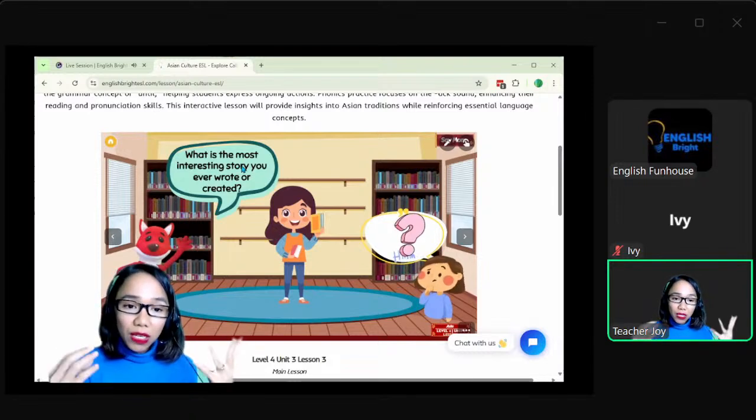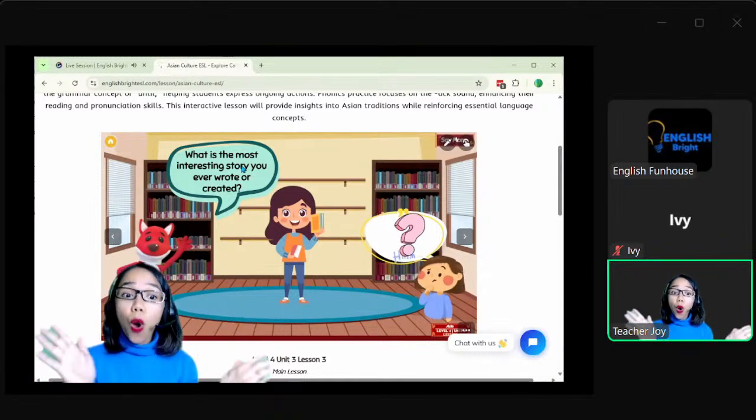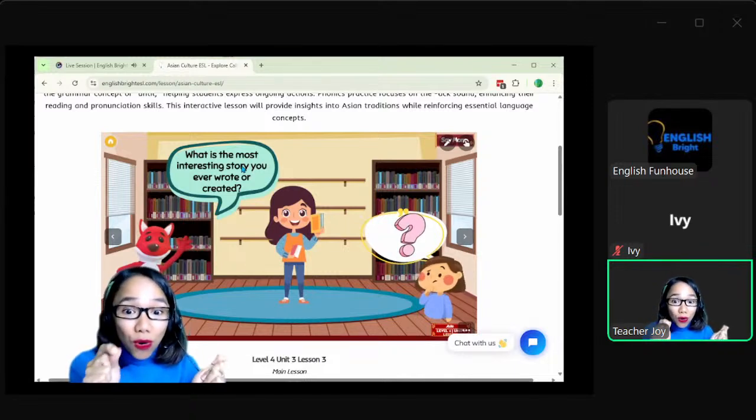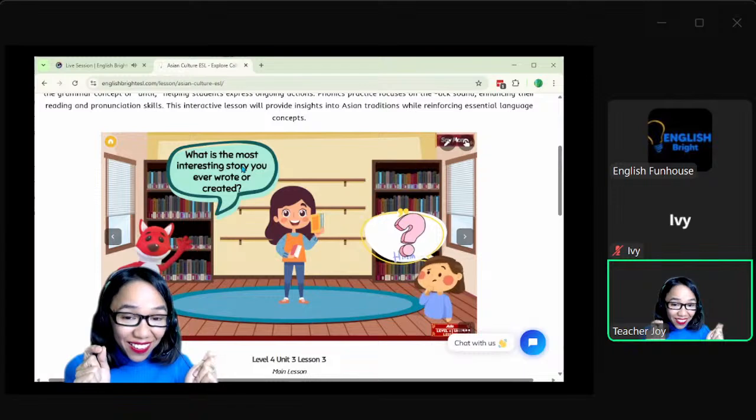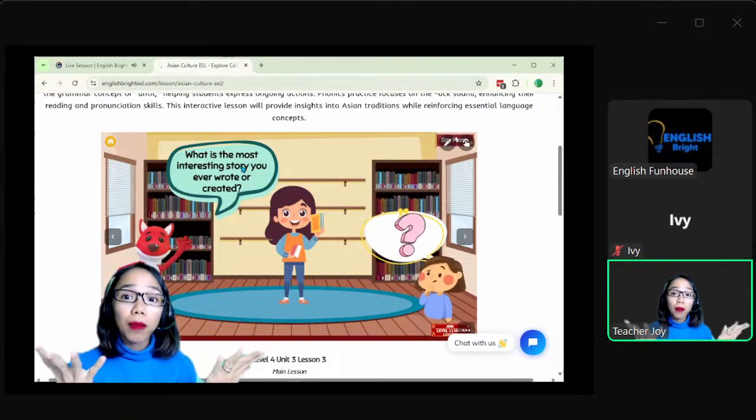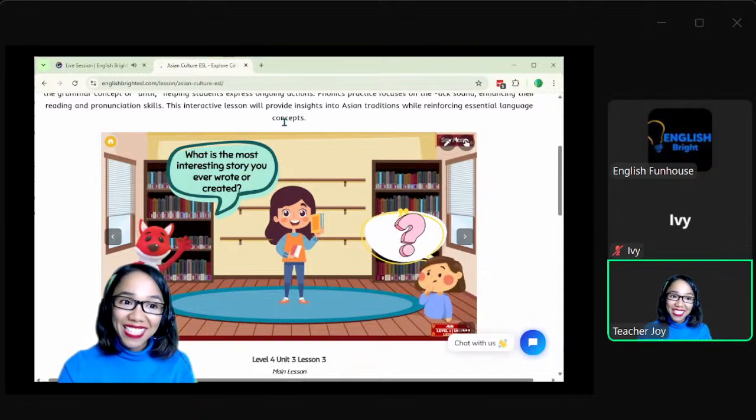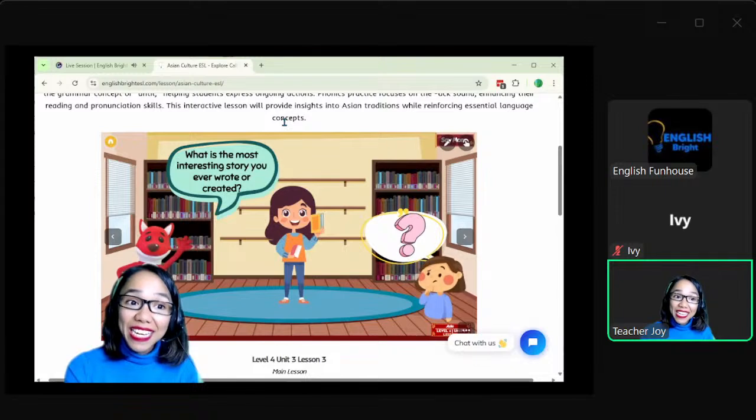Okay, what is the most interesting story you ever wrote or created? They say no, right? I've never written a story before. So you can share, oh, I wrote a story about a turtle, right? And then they're probably gonna think like, oh yes, I wrote a story about something like this, because they heard you answer, and then you gave them an idea on how to answer the question. So they would probably copy exactly how you say it, but just change what the story was about.